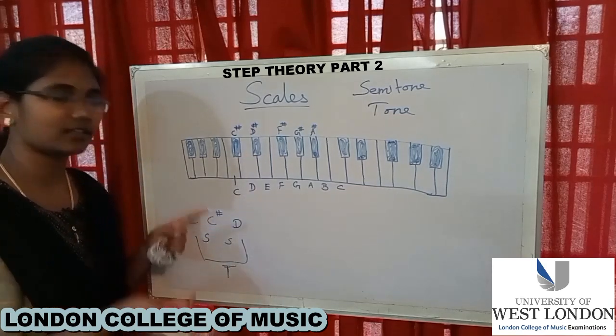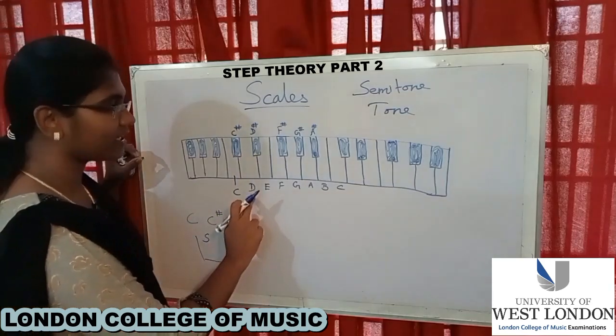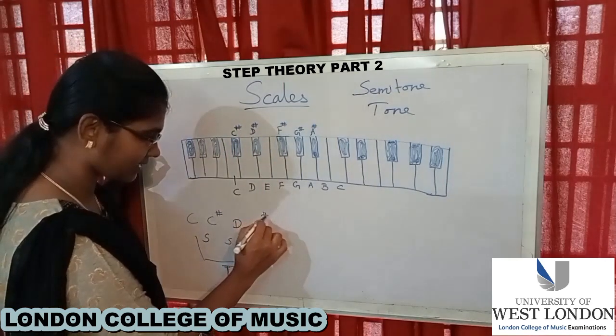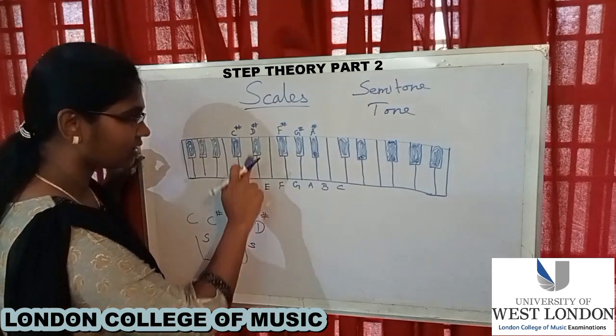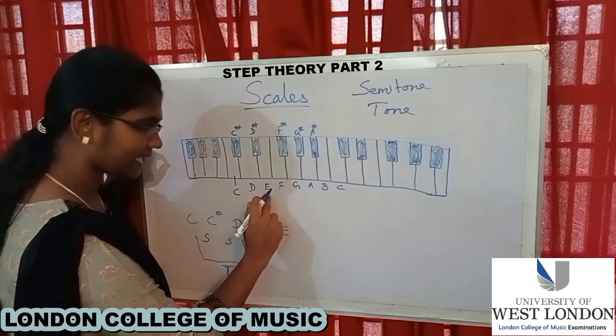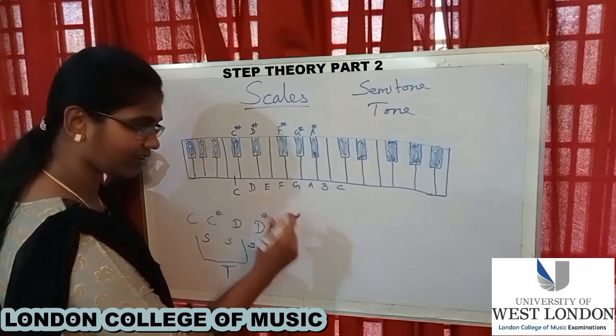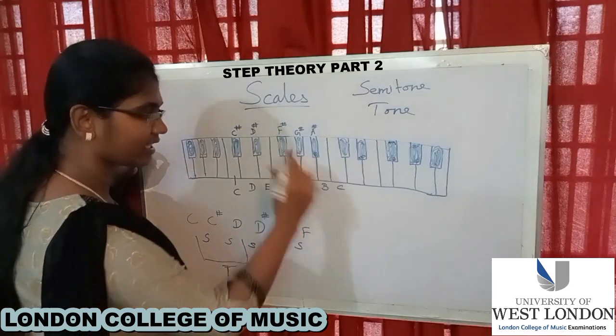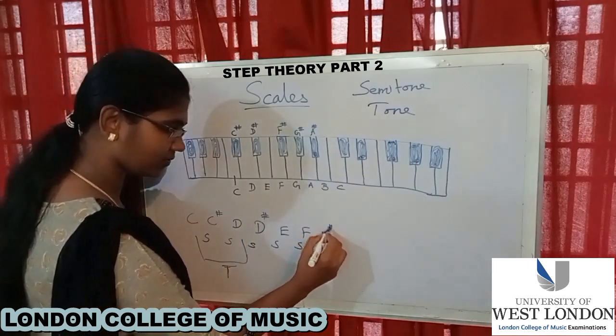Have you all clear? So like that, from D to D sharp, that is semitone. D sharp to E, that is semitone. E to the immediate next note of E is F. So E to F, that is semitone. F and F sharp is in semitone.